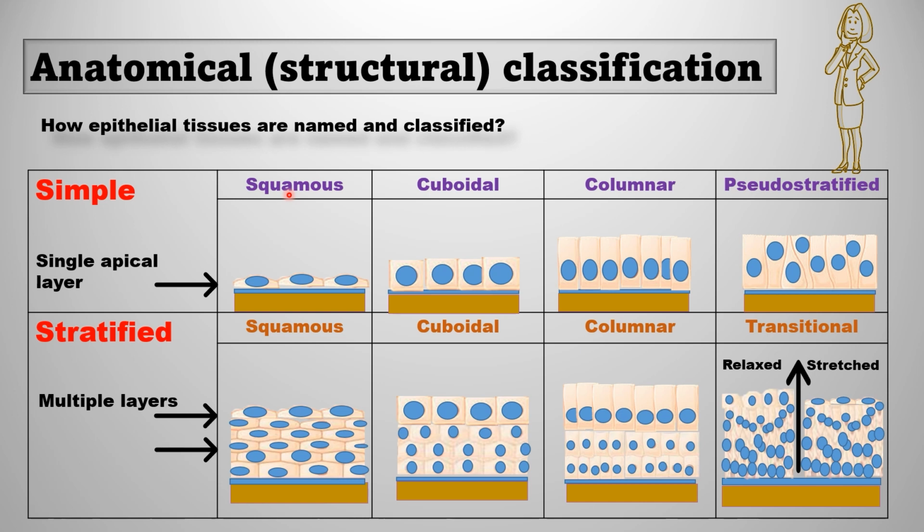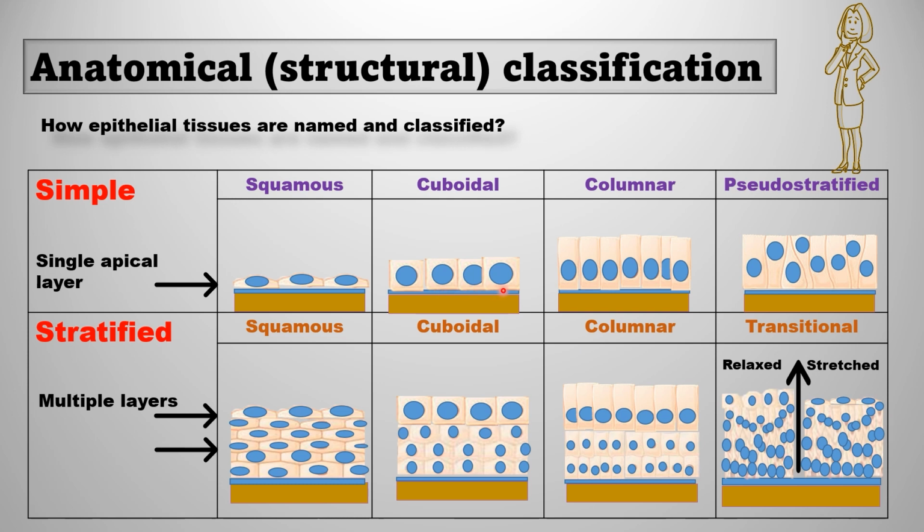Let us go for the second one. What is the shape of the upper layer cells, or the apical layer cells? The apical layer cells are square-like, that means cuboidal. This is the line that shows the basement membrane.